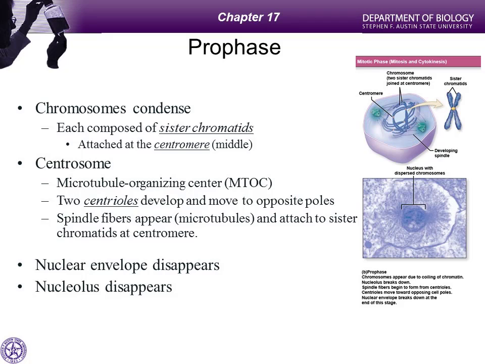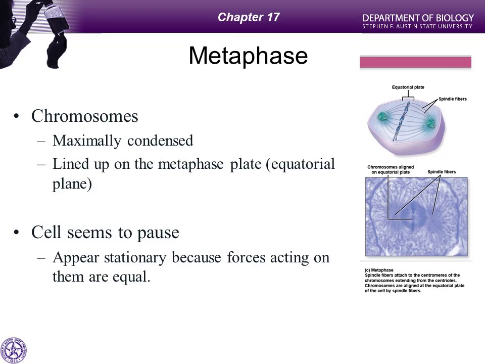They're moving around, they're getting close, but until they line up, it's not metaphase. Because the M in metaphase to me stands for middle. That's where the sister chromatids are, lined up in the middle.